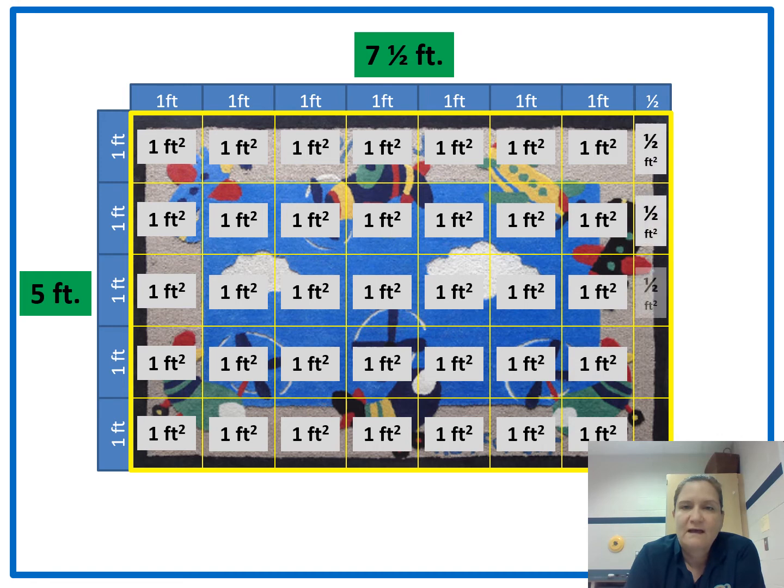Okay, and then the ones on the edge right here are each 1/2 of a foot squared.